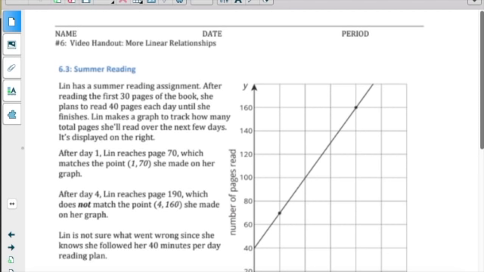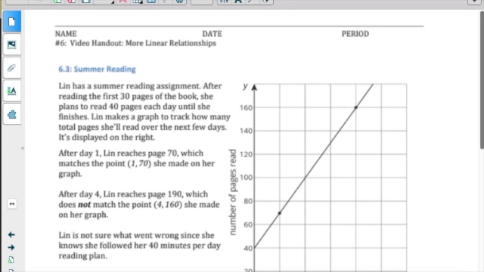After day 1, Lynn reached page 70, which matched the point (1, 70) she made on her graph. After day 4, Lynn reaches page 190, which does not match the point (4, 160) she made on her graph. Lynn is not sure what went wrong, since she knows she followed her 40 pages per day reading plan.